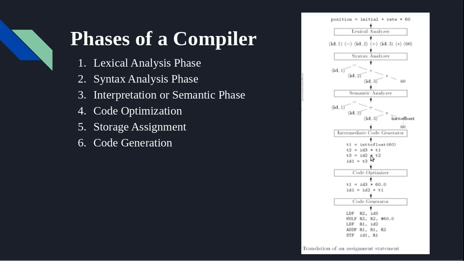The most commonly used intermediate form is the 3-address form, or 3-address code. 3-address code is nothing but, for each statement there will be an operator, and for each operator there will be two source operands, source operand 1 and source operand 2, and a target operand to which we store our result.